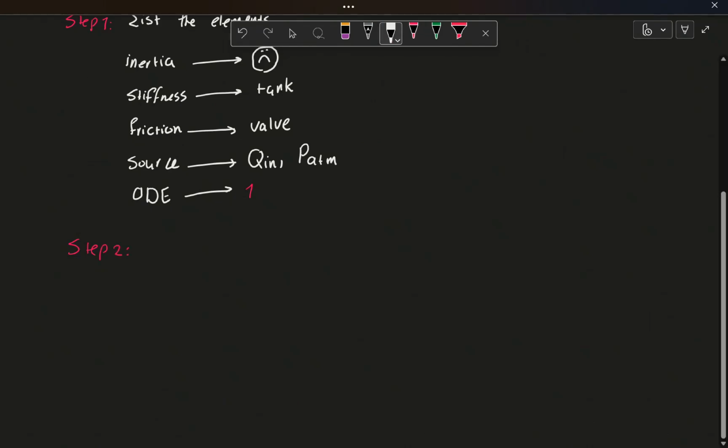and define the dynamic variables in your system. If you remember, dynamic variables in electrical systems were either the voltage across the capacitors or the currents through the inductors.